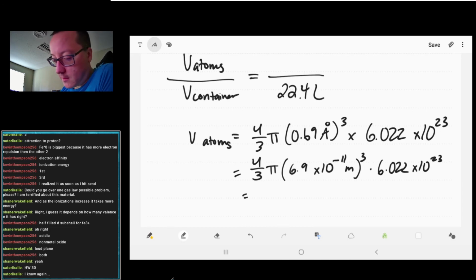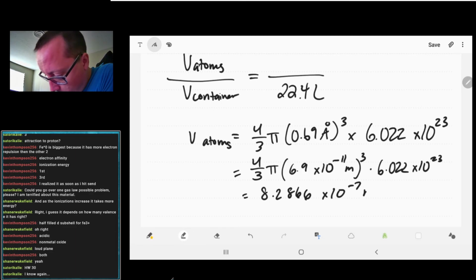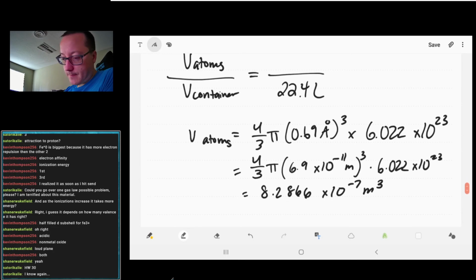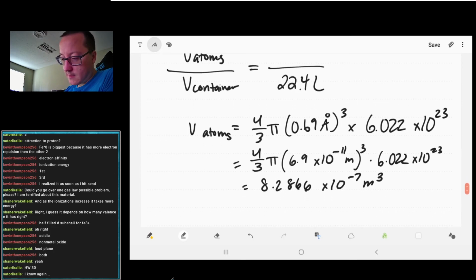Okay, doing all this, I got 8.2866 times 10 to the negative 7 meters cubed. So technically this is meters cubed times a mole, or actually no, it's just atoms. Never mind.